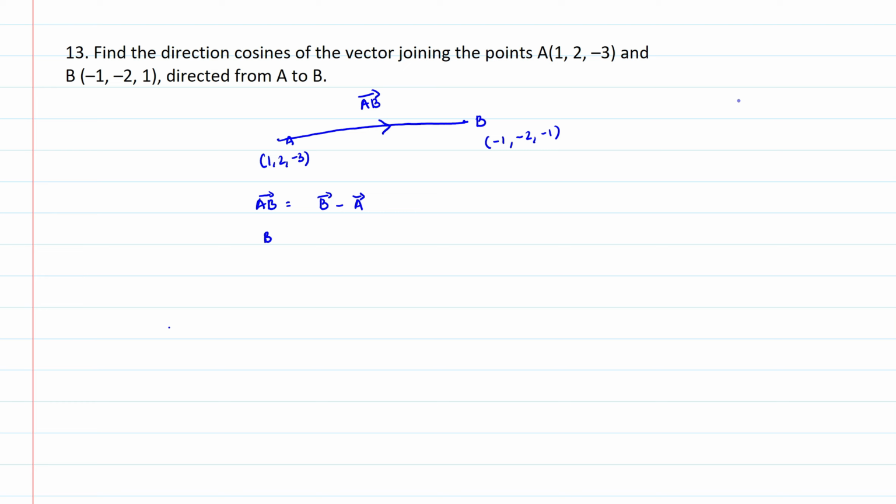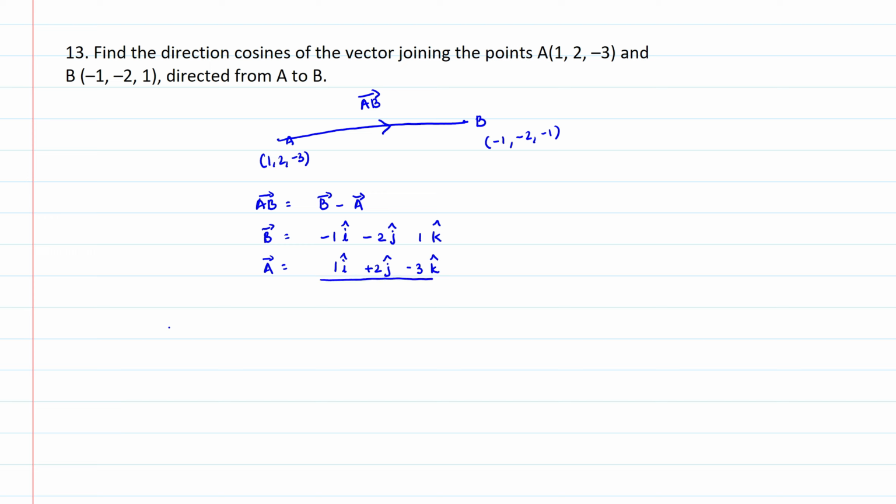So B vector is -1 i cap, -2 j cap plus 1 k cap, and A vector is 1 i cap plus 2 j cap and, correction, it's not 1, it's -3 k cap.